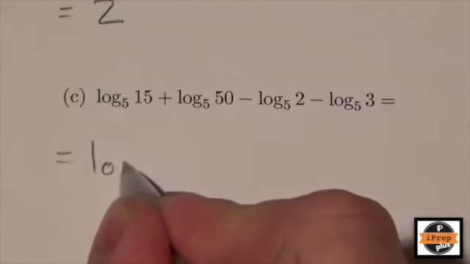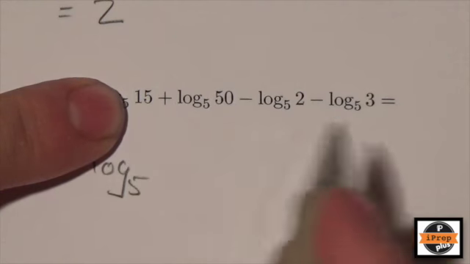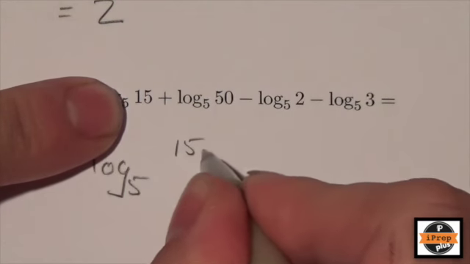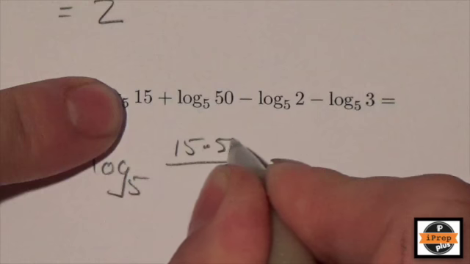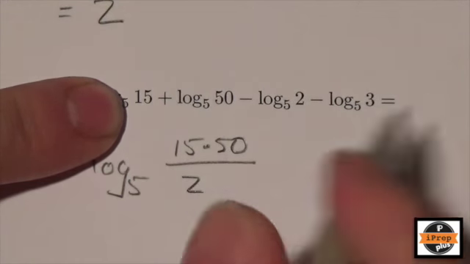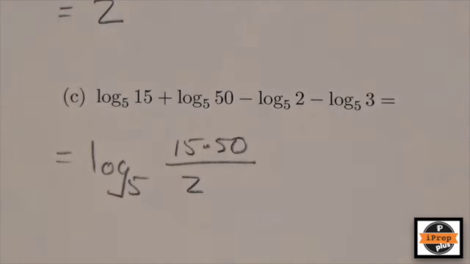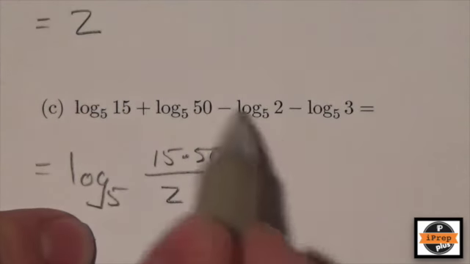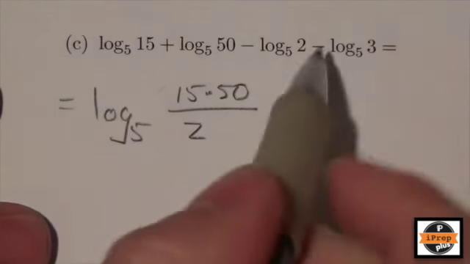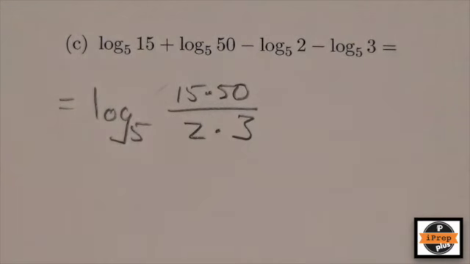So this is going to be the log base 5 of 15 times 50 in the numerator. This is divided by 2. Now, this next one is divided by 3. What is it that I'm dividing by 3? It's not the 2, it's the whole thing that's come before it. When you divide this whole thing by 3, that's just like putting a 3 in the denominator.